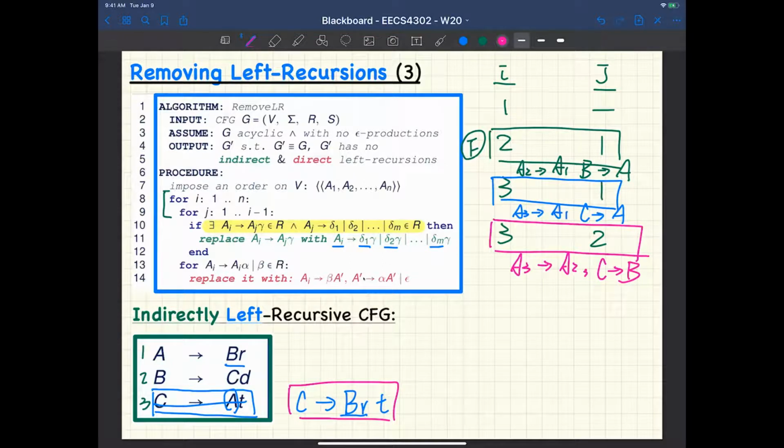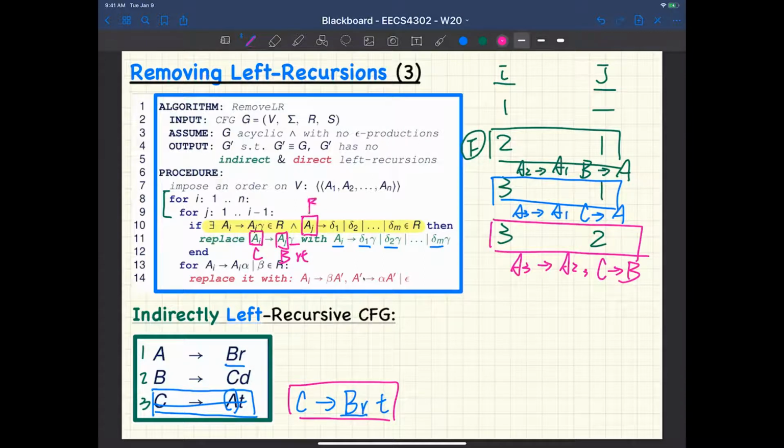Thinking this way, this is AI, AI is C, and AJ over here is B. And gamma here is RT. Now you want to see exactly how C can be replaced.